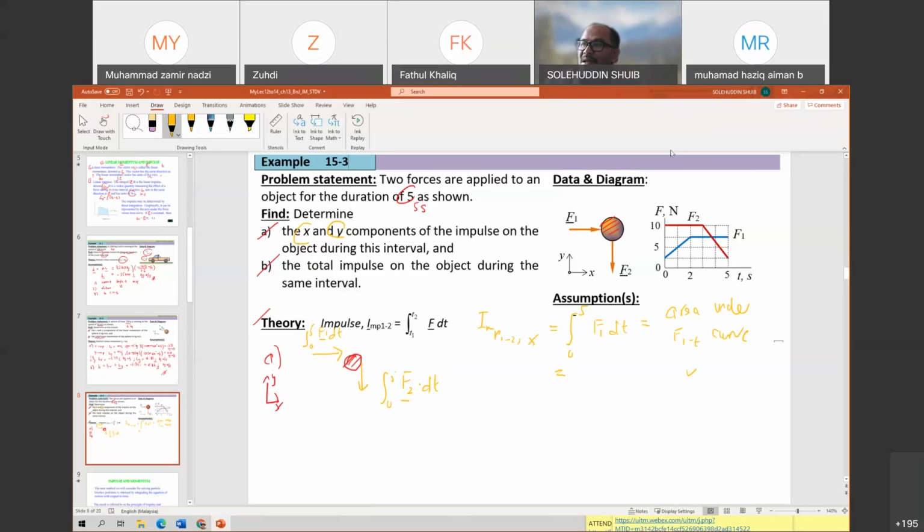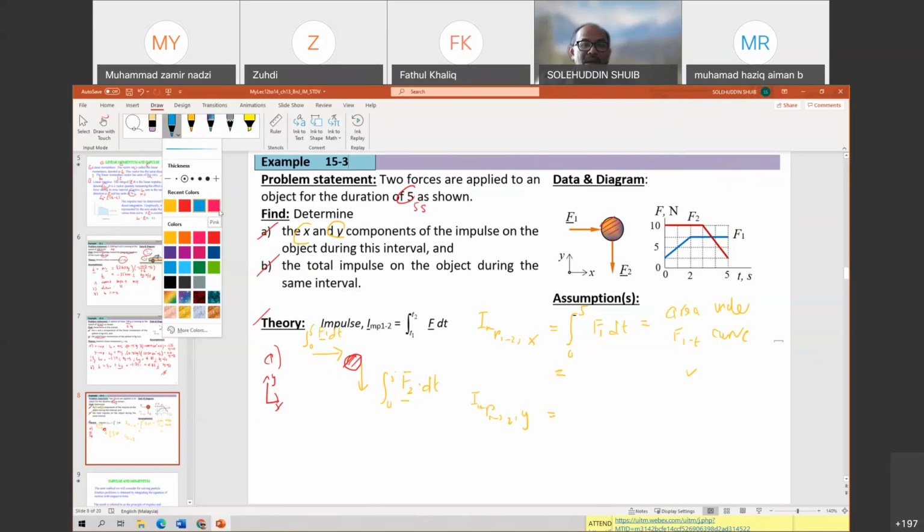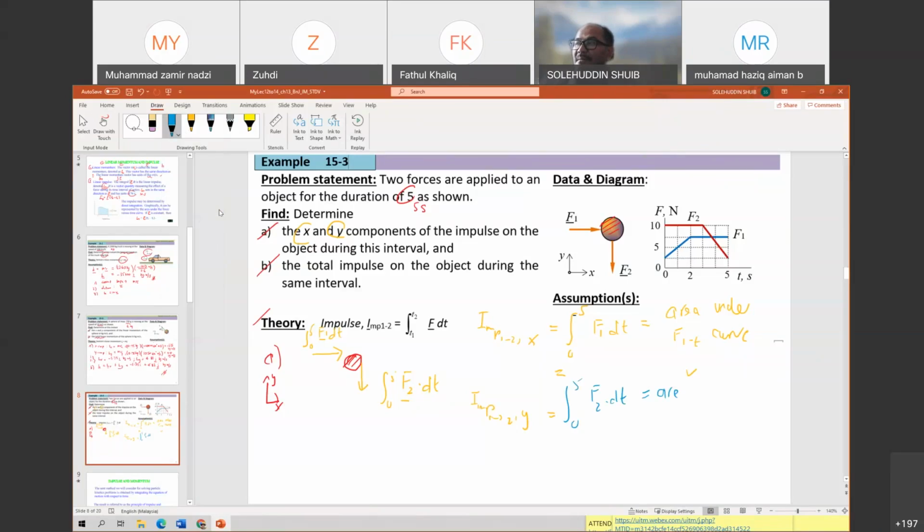And then we do a similar thing for impulse 1 to 2 for Y. For Y, you're going to get the same thing, which is 0 to 5 of F2 dt, which is the area under the F2 t curve.